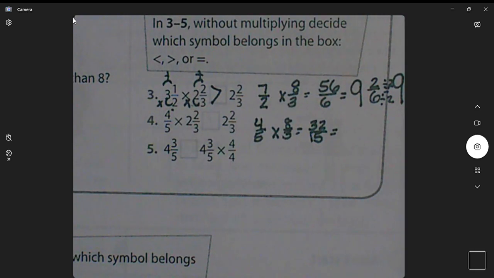How many 15s fit inside of 32? Think of a clock. 15 minutes. How many 15 minutes will fit inside of 32?